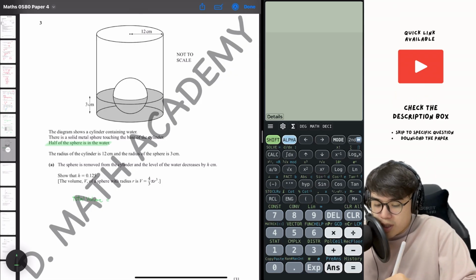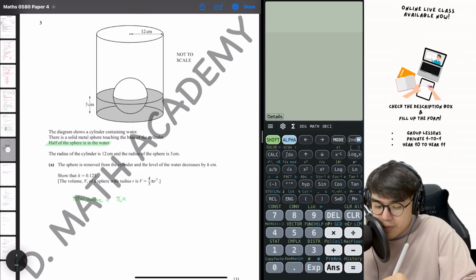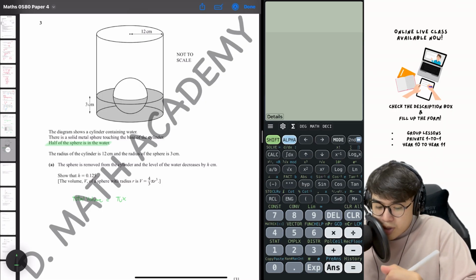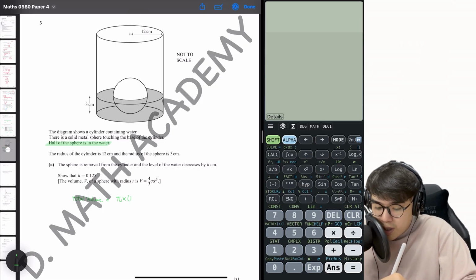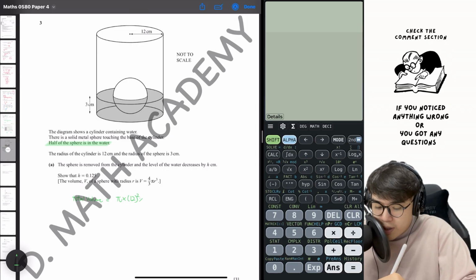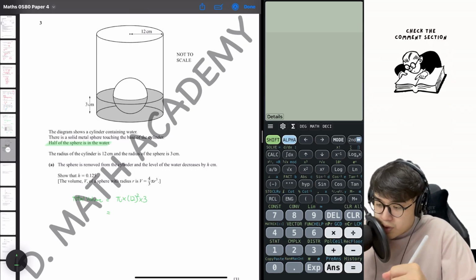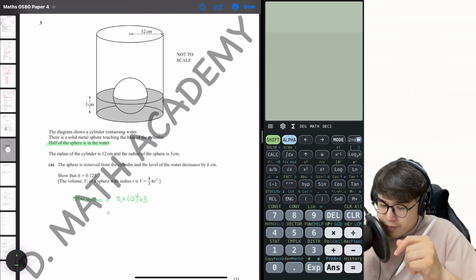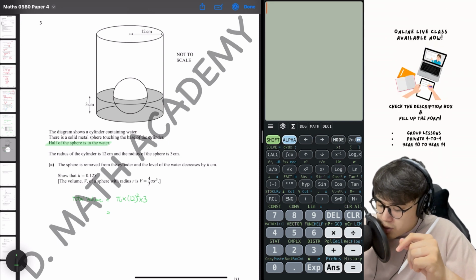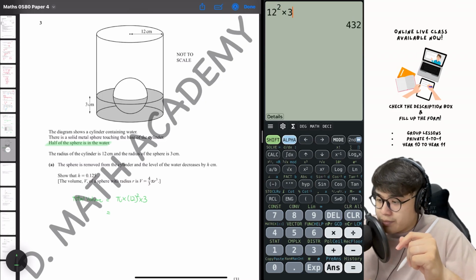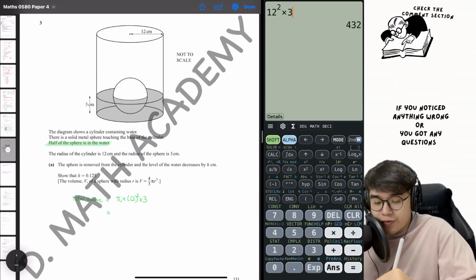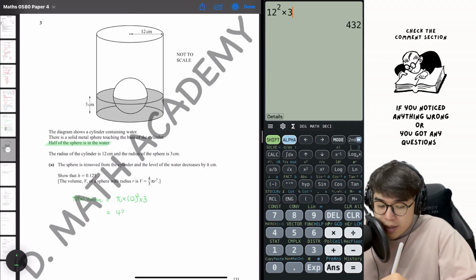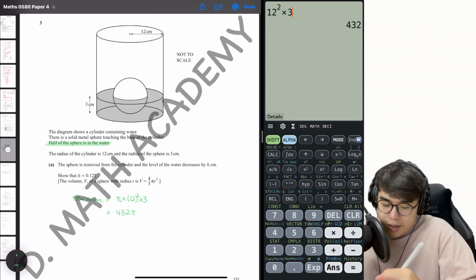Volume is actually pi times r square, which is the cylinder here. We have 12 square and 3. So this part we should be getting 12 square times 3, it's actually 432 pi.